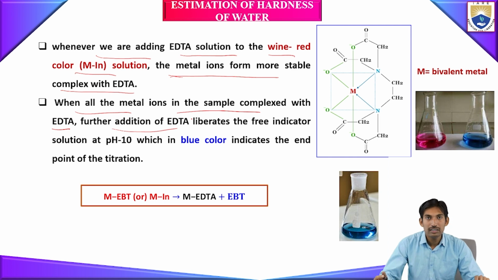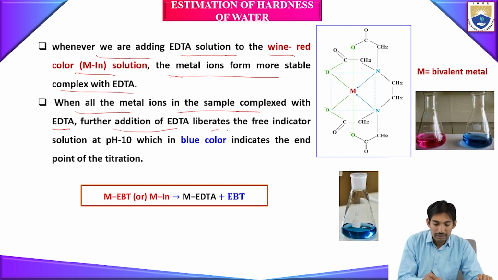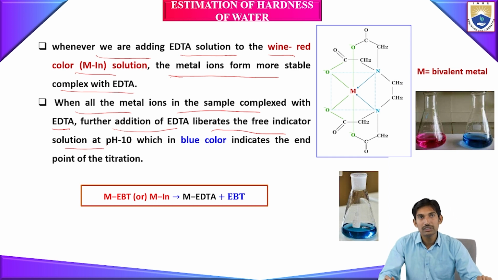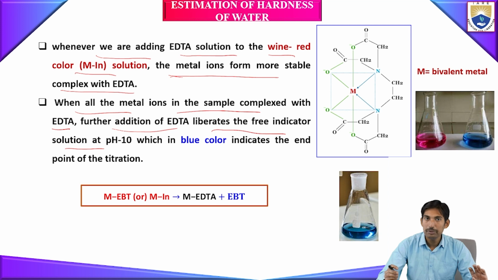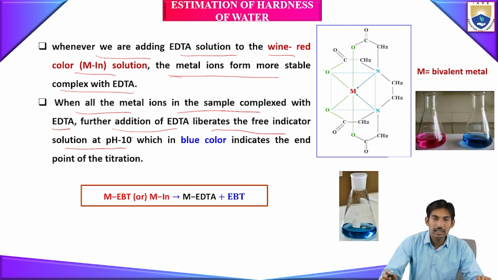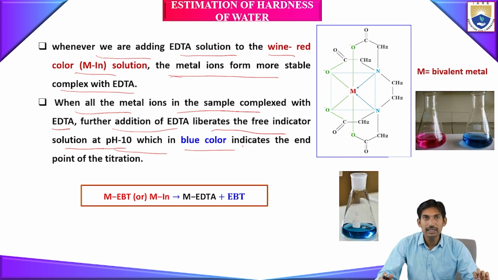After complexation, if you add further EDTA, it liberates the free indicator at pH 9 to 10. The EBT ligand is released. At pH 10, the color of the EBT indicator is blue, which indicates the end point.